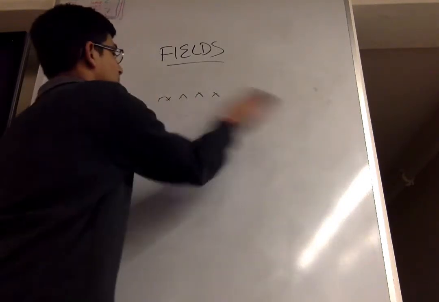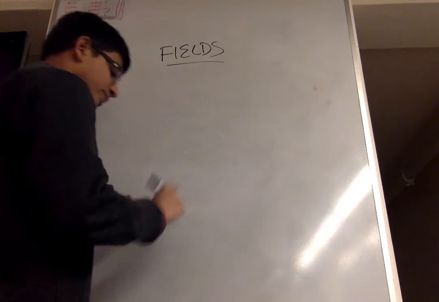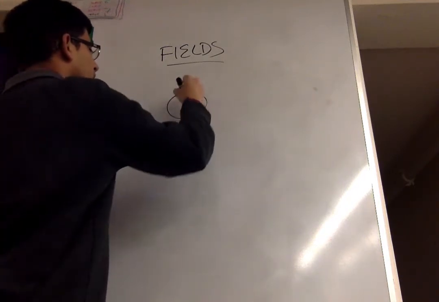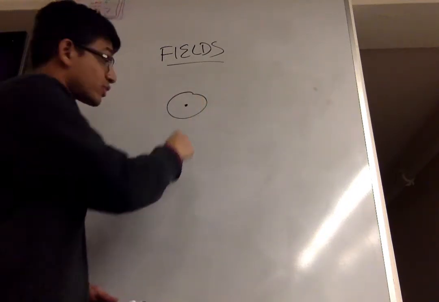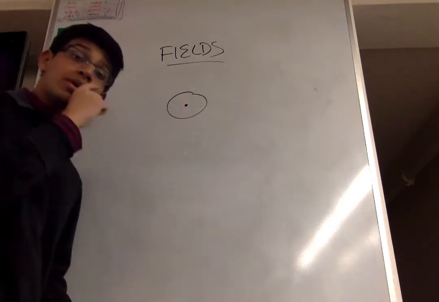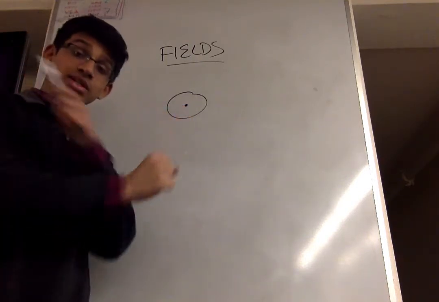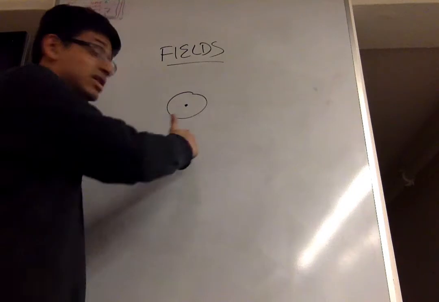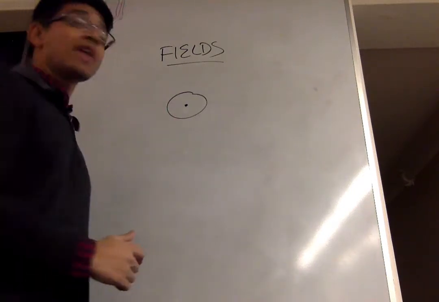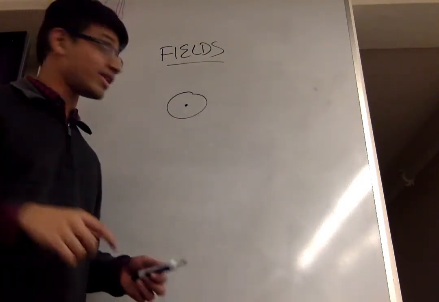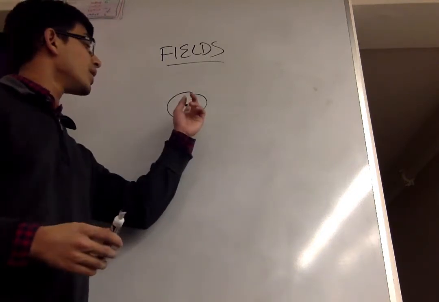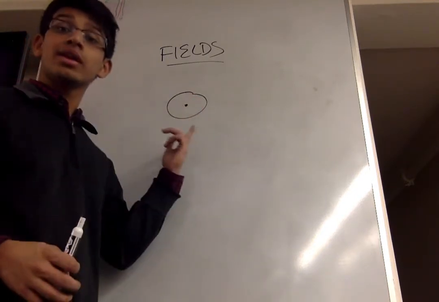Let's look at another example. Suppose we have a wire with current coming out of the page, which we represent by a dot. Remember, we use a cross to represent going into the page and a dot to represent coming out of the page. And we want to find the direction of the magnetic field due to the current in this wire.